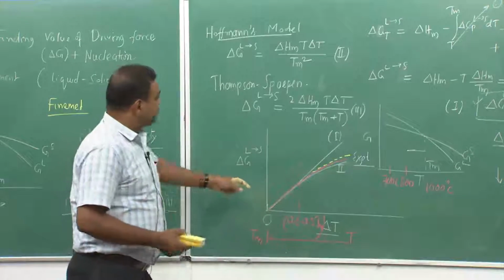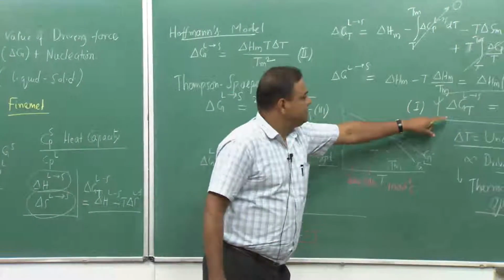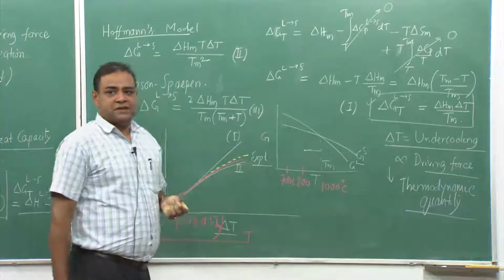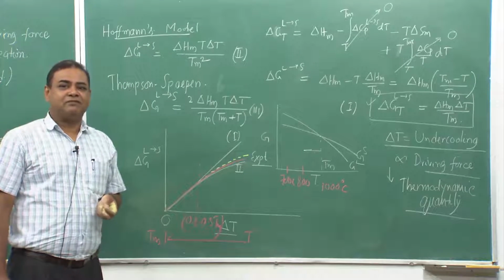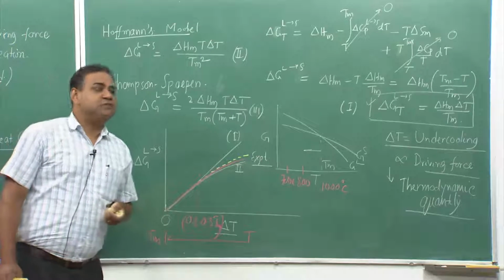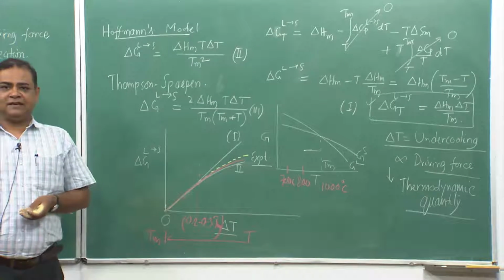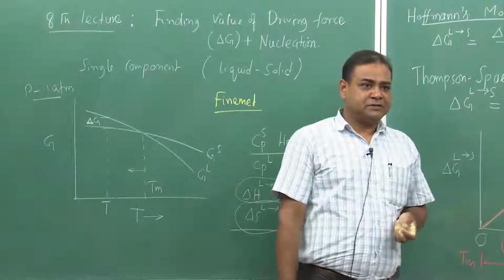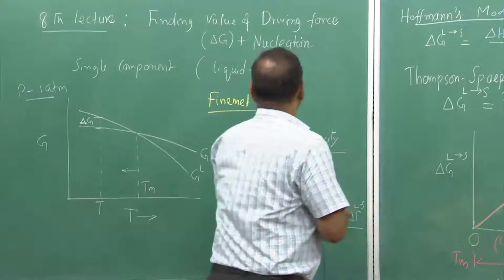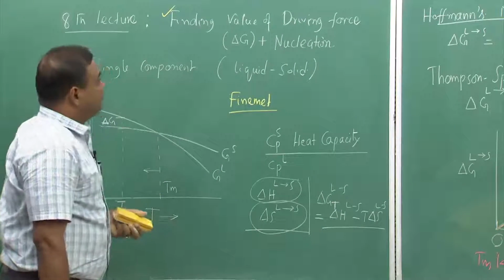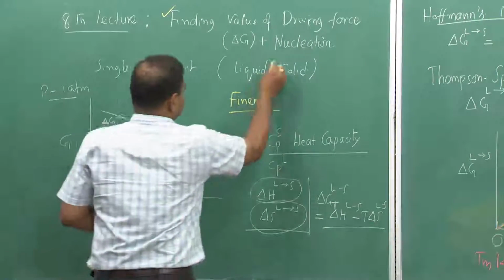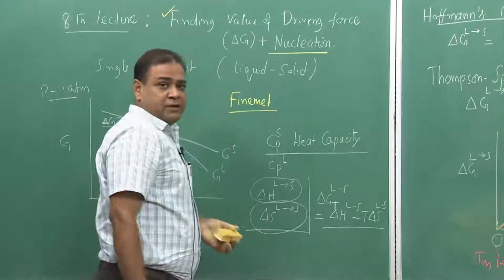Now, once we have found the driving force, we need to see how that driving force is going to affect the actual phase transformation. So, once we finish the discussion on finding the value of driving force, let us get to the nucleation part.